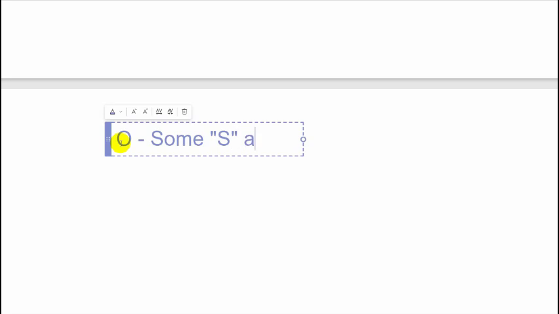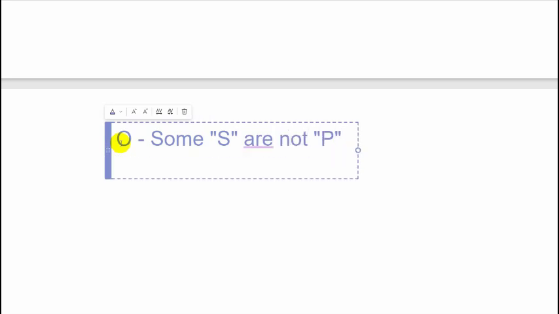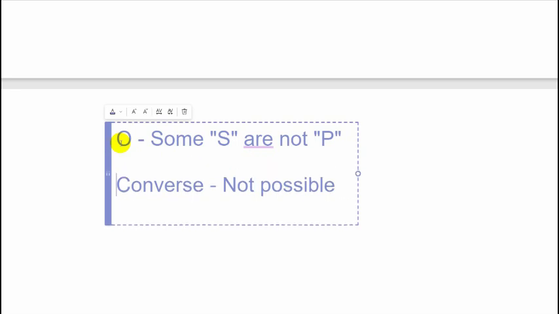Alright, next is the O proposition. O proposition states some S are not P. What is the converse of this? Converse of O is not possible. So we skip this. But what about obverse?